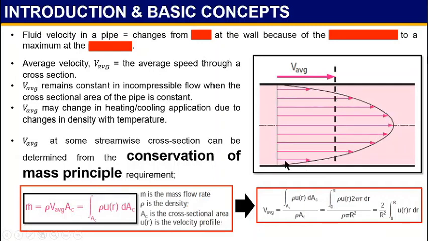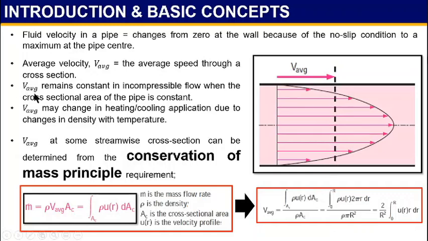This velocity profile changes from zero at the wall, the pipe wall, because of the no-slip condition, to a maximum at the center of the pipe. The average velocity, V average, is the average speed through a cross section. So you cut through this section, and V average is the average velocity for this cross section.